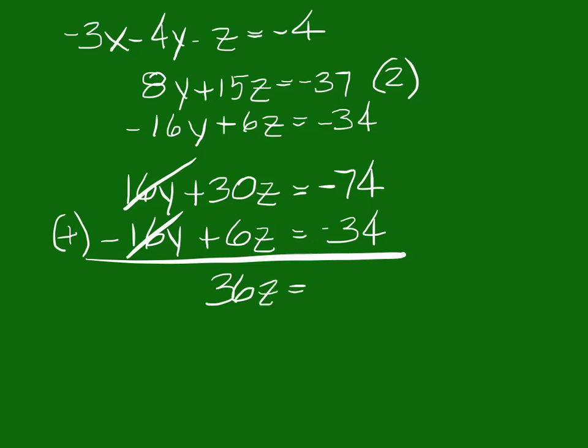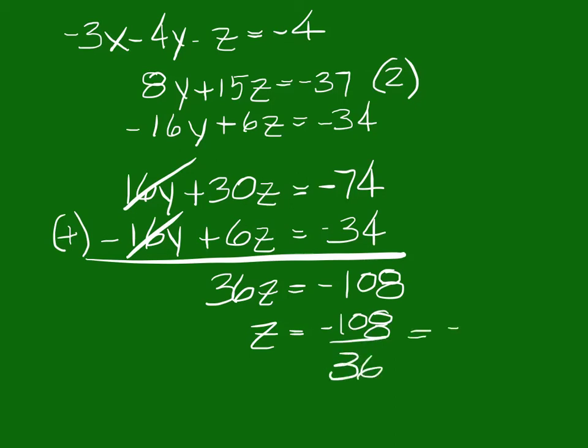And then you have a negative 74 plus a negative 34, which is a negative 108. And that works out neat because negative 108 divided by 36 will give us an answer of a negative 3 for z.